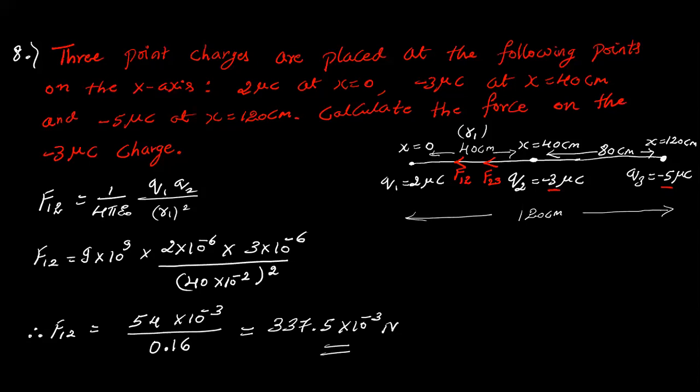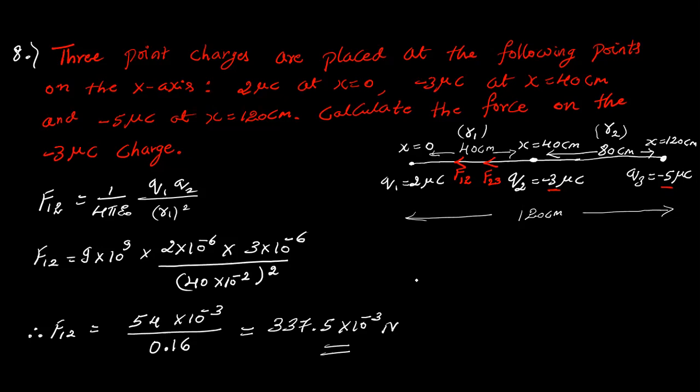I found F12. Next, I have to find F32. Observe, what is F23 or F32? It is the force between charge 2 and 3. Now I can use the same formula, but take the charges as 3 and 5, and the distance between them is 80 centimeter. You can call it the R2 distance.